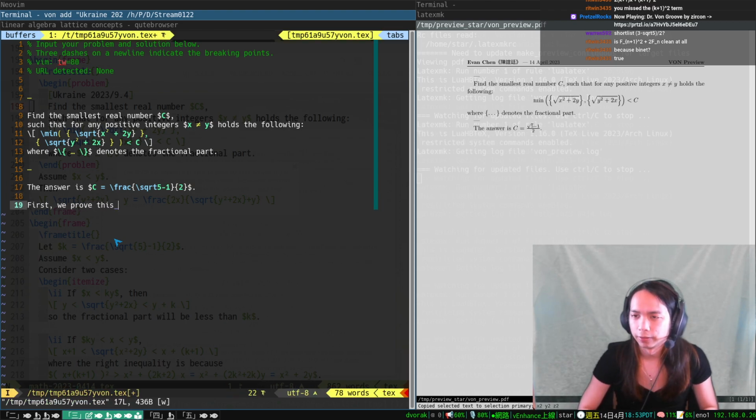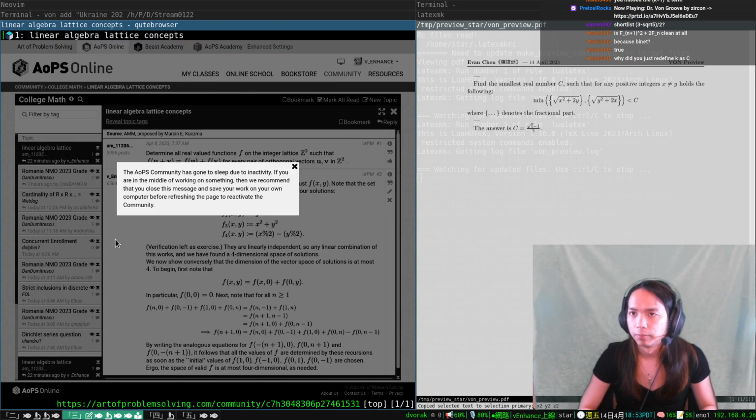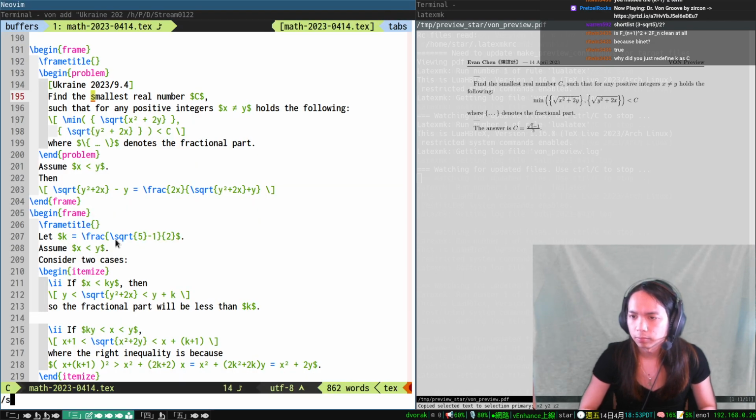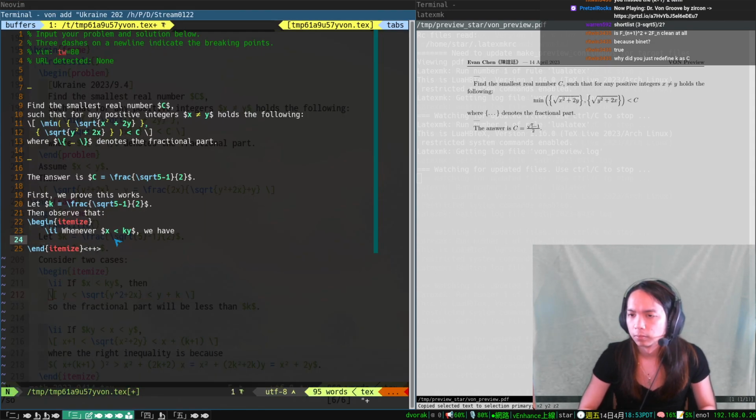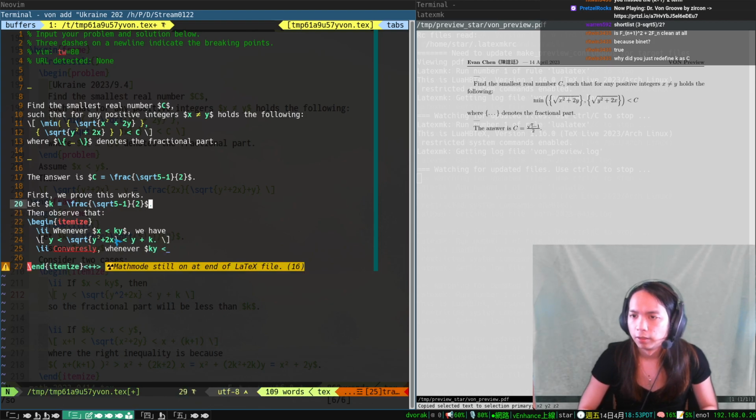First, we prove this works. Notice that... then observe that whenever x is less than ky, we have... and conversely, whenever ky..., and assume x is less than y without loss of generality.